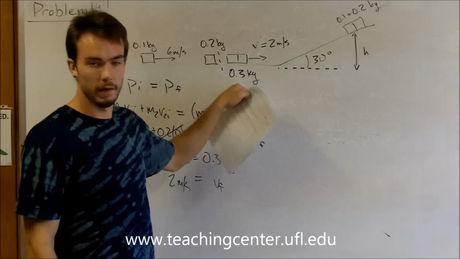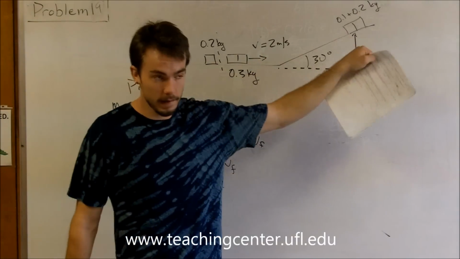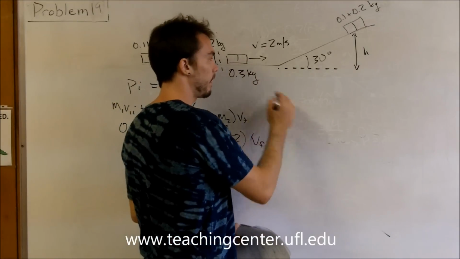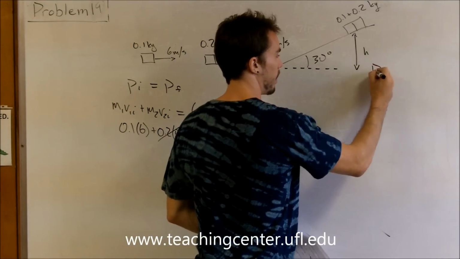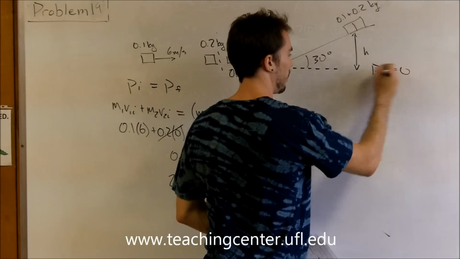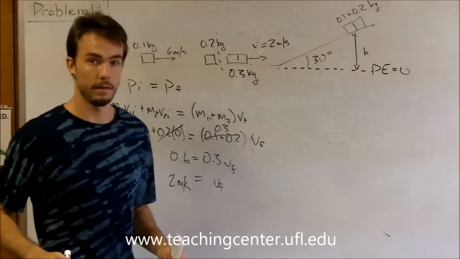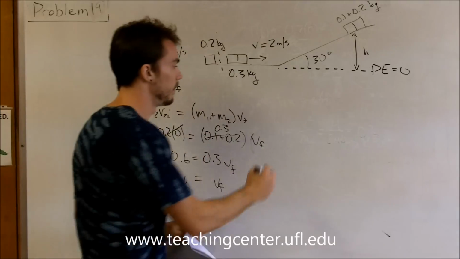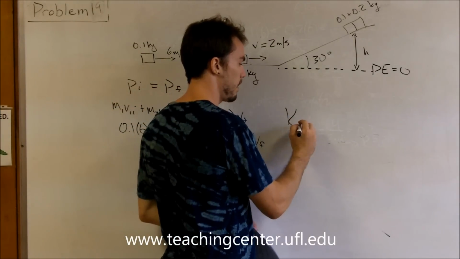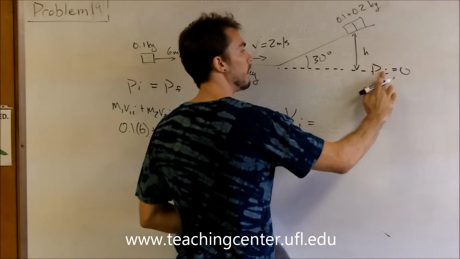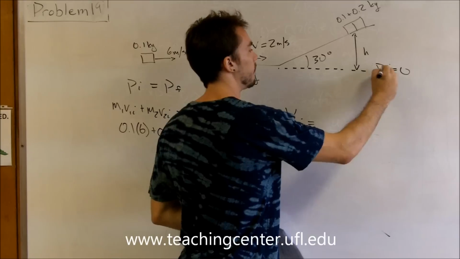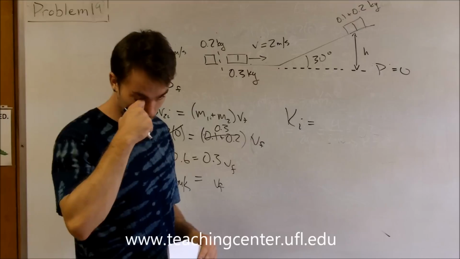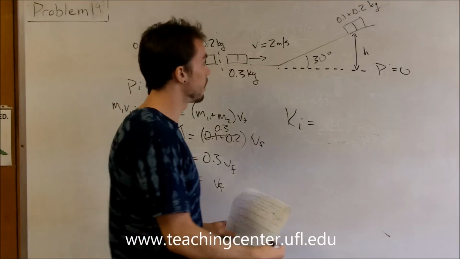Now, like I said before, anytime you're going from a velocity to a height, generally energy is going to be your best bet. So I'm going to say this is my datum where potential energy is equal to 0, the level it starts off with. So that means it has no potential energy right here, but it's moving, so it has kinetic energy. So we have K initial, and don't get too confused, some people use P for potential energy, PE, depends on what you're doing, just make sure you know what the variable means that you're using.